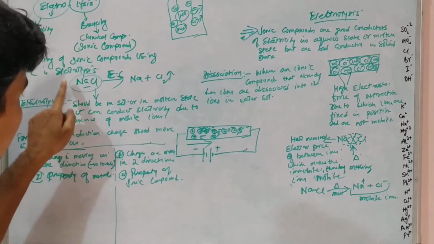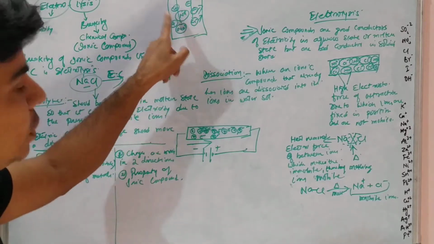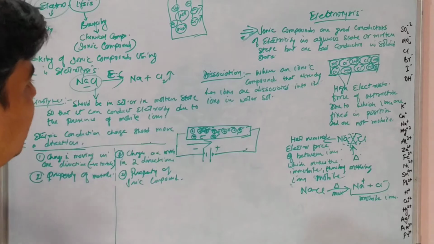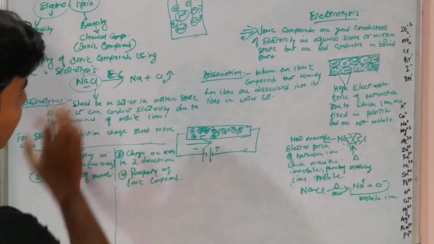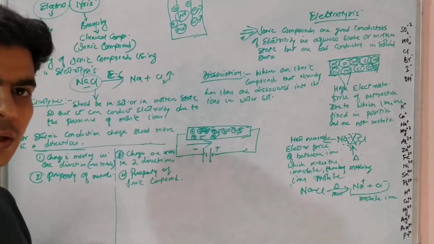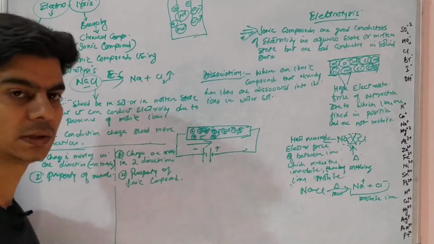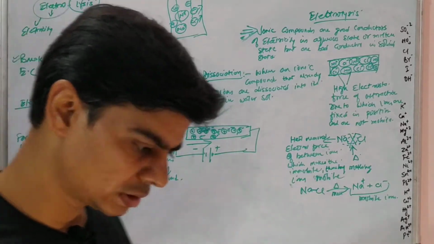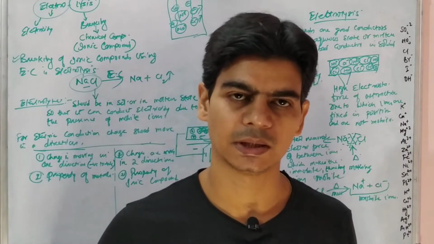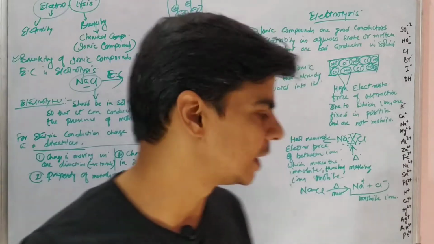Before applying electric current, we have this sodium chloride in solution state. We have sodium ion and chloride ion. But when you apply electric current, this sodium chloride will change into sodium metal and chlorine gas. This is the chemical reaction that has occurred. So when you apply electric current to ionic compounds, a chemical reaction will take place. So it's a chemical change, we say.